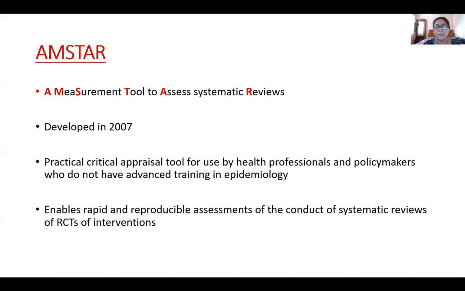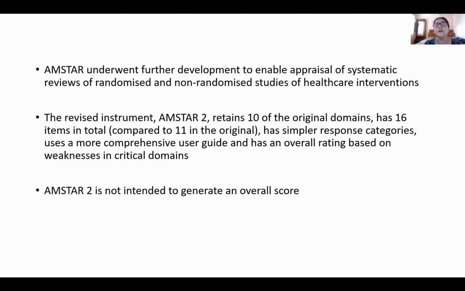It enables rapid and reproducible assessments for the conduct of systematic reviews of RCTs of intervention. Originally, AMSTAR was developed for systematic reviews of RCTs alone. Then AMSTAR underwent further development to enable the appraisal of systematic reviews of randomized as well as non-randomized studies of healthcare intervention.